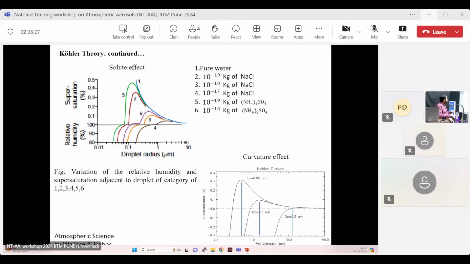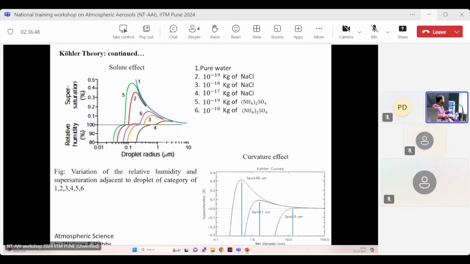Now for two different molecules, compare the second with 5 or 6. The second is equivalent to 6. You have 10 to the minus 19 kg of sodium chloride in the second, and the same amount of ammonium sulfate. So compare 2 and 5.